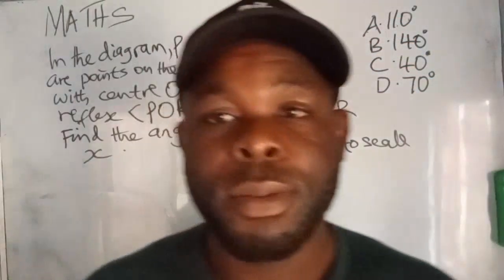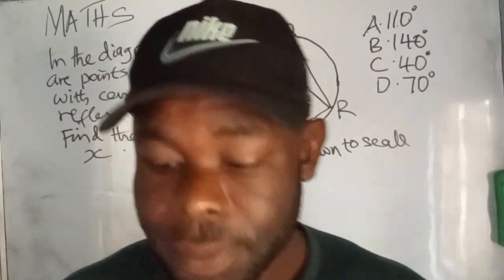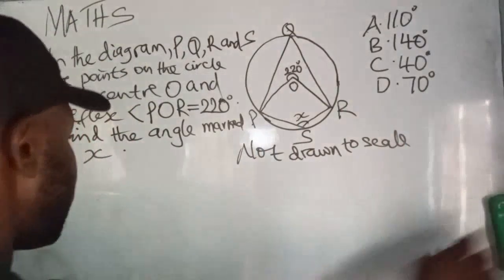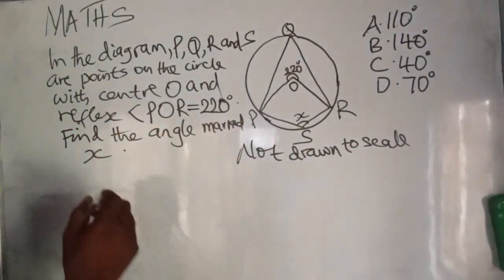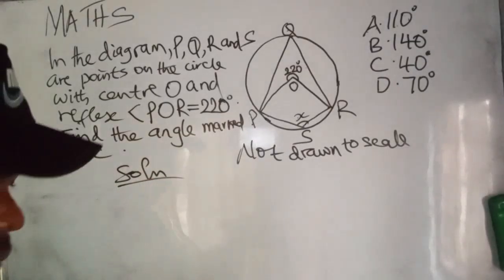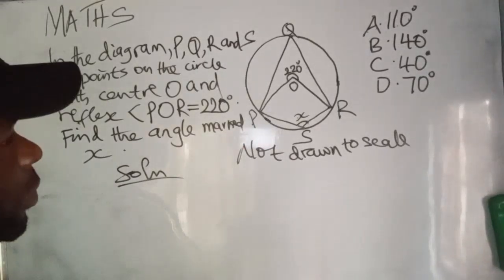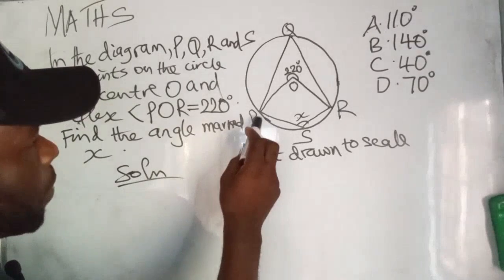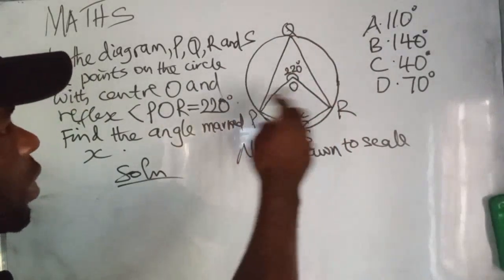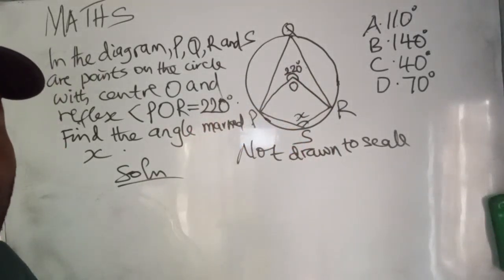We are going to start where we have always started, with the solution to the problem. Looking at this diagram, PQRS is a quadrilateral, a cyclic quadrilateral.